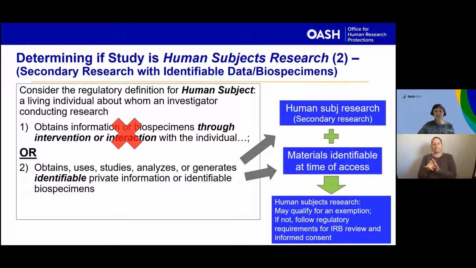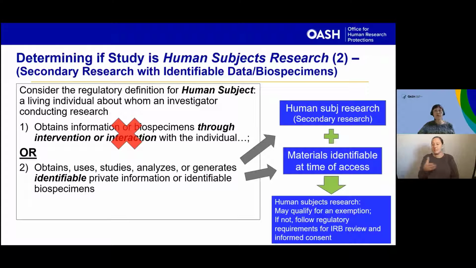So if the two are together, you're doing secondary research, and the materials that you work with are identifiable at some point in time to you or your research team, that would also be called human subjects research. And the same situation applies.